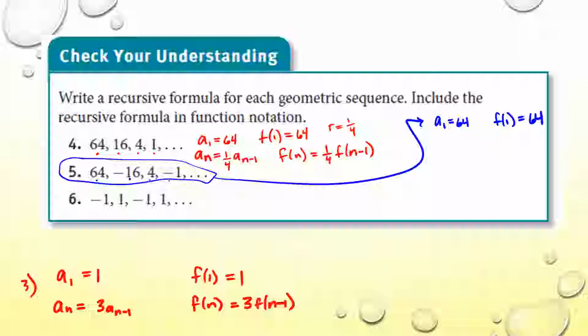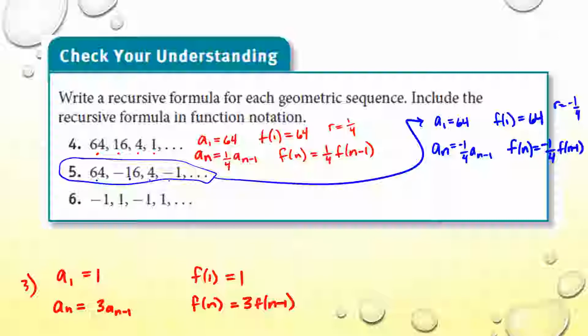And then we'd have to say that the common ratio is -1/4. So a sub n would be -1/4 times a sub n minus 1, the term before this. And f of n would be -1/4 times f of the term before it.